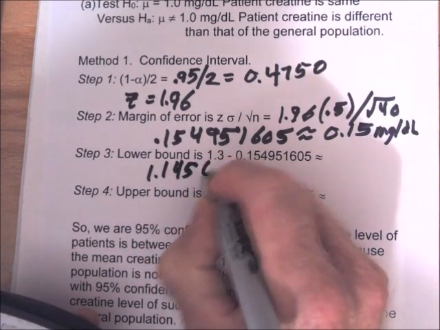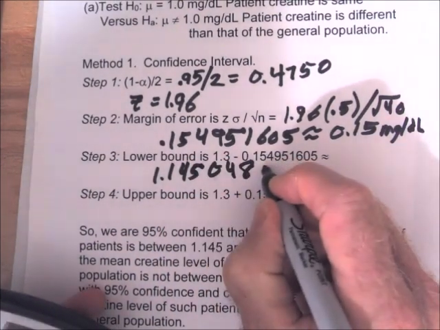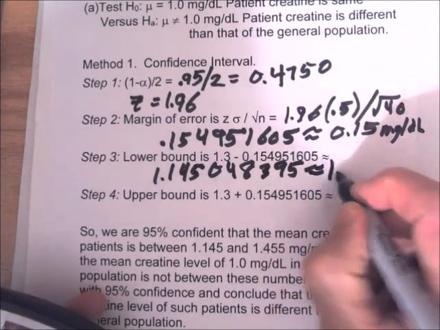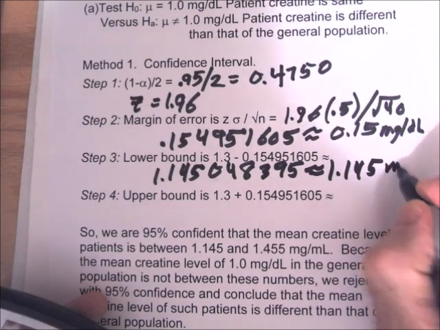Approximately 1.145 milligrams per deciliter.